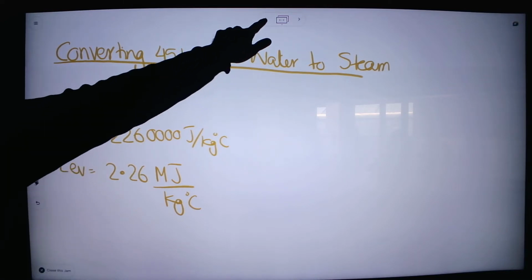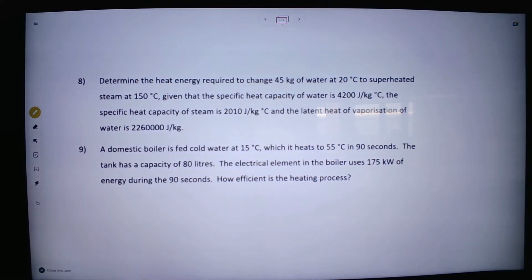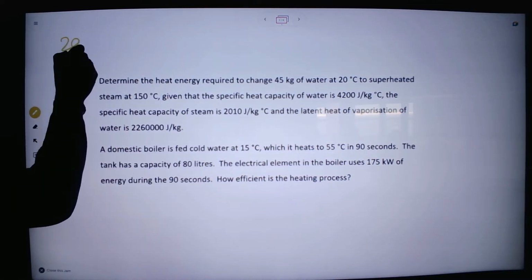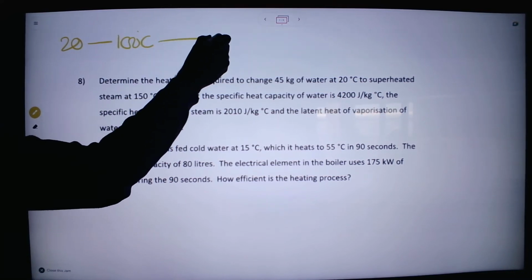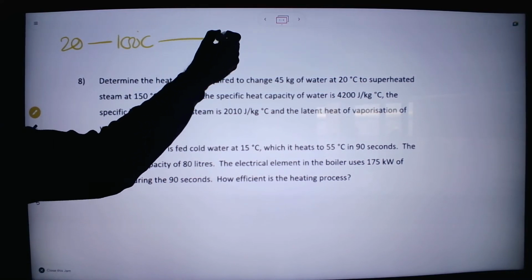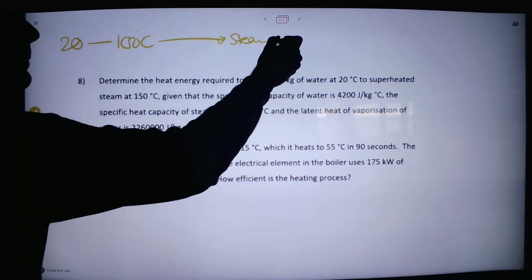226. Yes. So if we go back, this question comprises three parts. First you heat the water from 20 to 100 degrees centigrade. Then you convert the 100 degree water into steam. And then you superheat the steam.